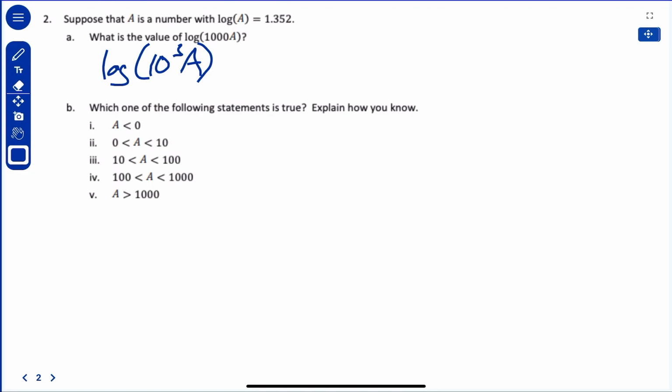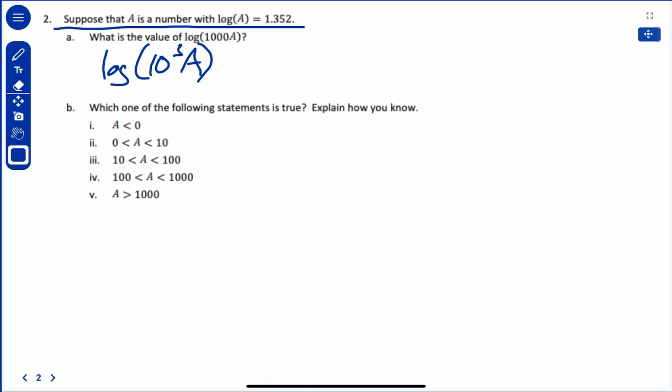What is A going to equal in our problem here? A is what? What is it? Log A is what? 1.352, right?